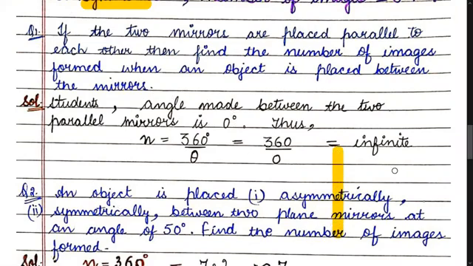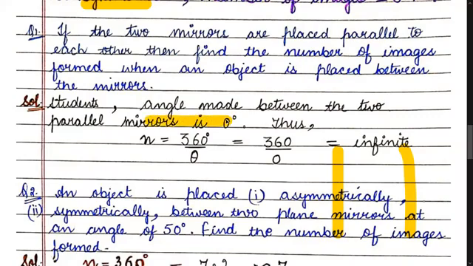So students, for such a question, just keep in your mind that the angle between two parallel mirrors or two parallel lines is 0 degree.